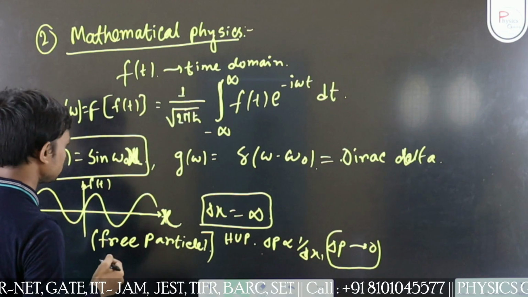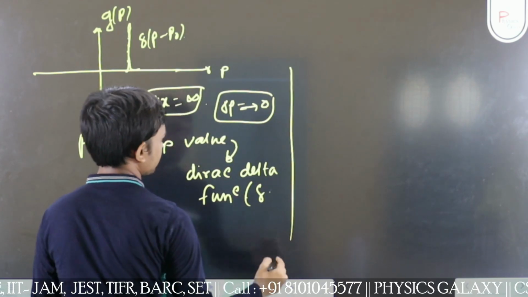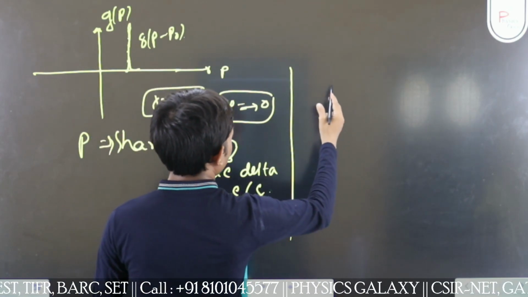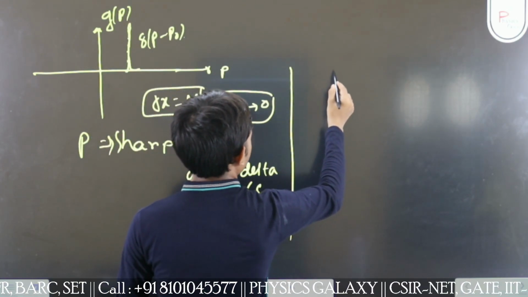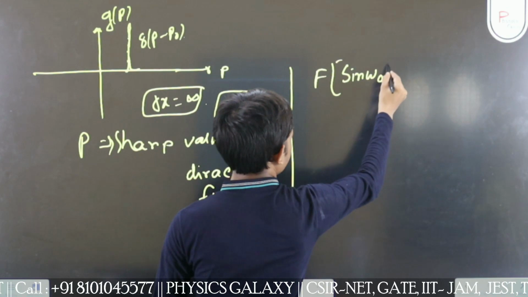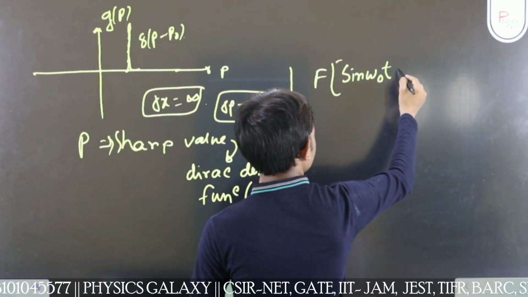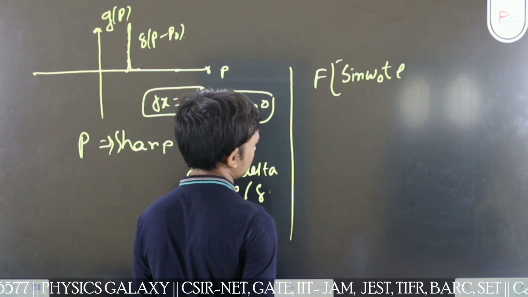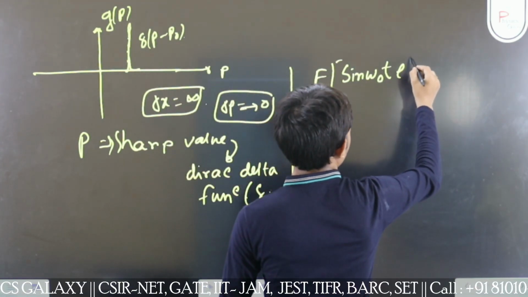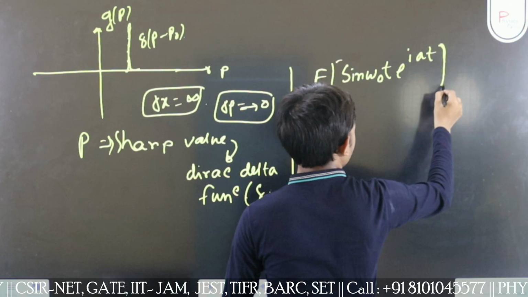An additional question was asked from this topic: what is the Fourier transform of sine omega t multiplied by e to the power i omega naught t?